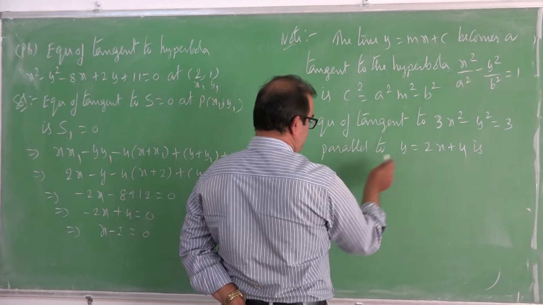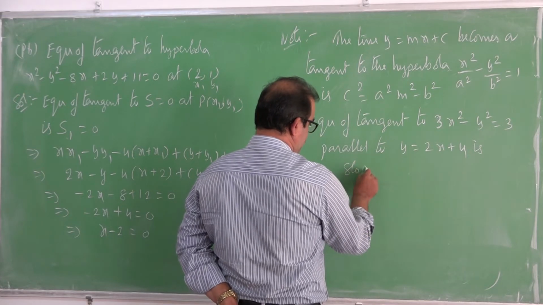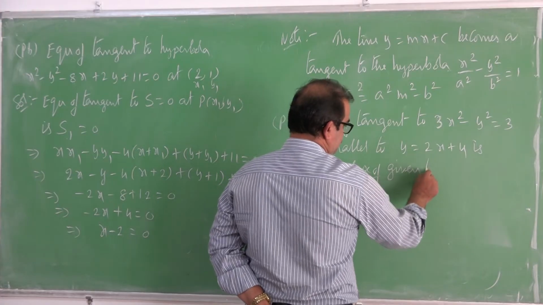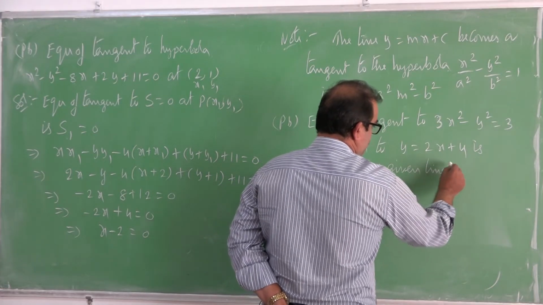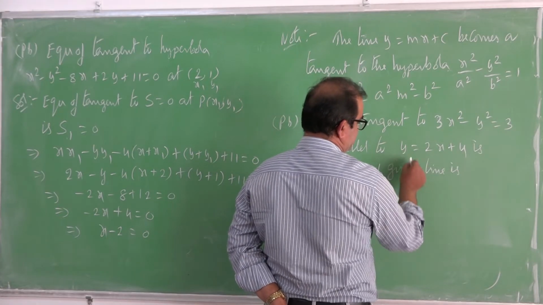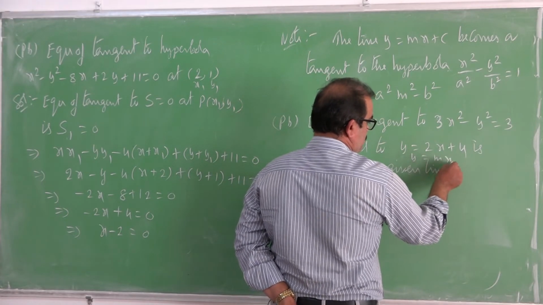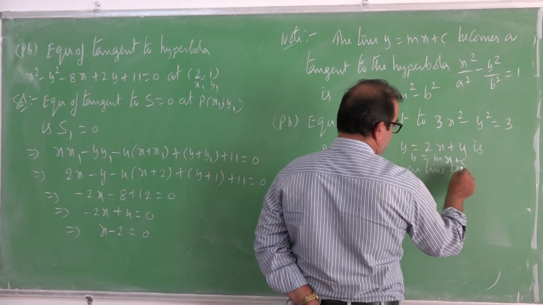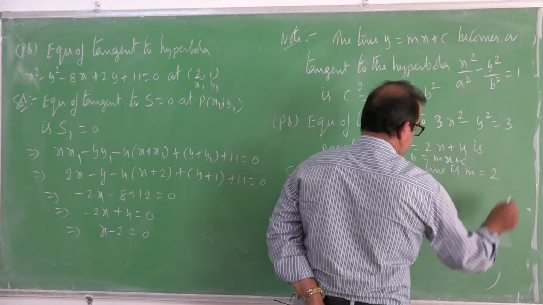What is the slope of this line? Slope of given line. See, given line is in the form of y is equal to mx plus c. What is m value? 2. So slope of this line is m is equal to 2.